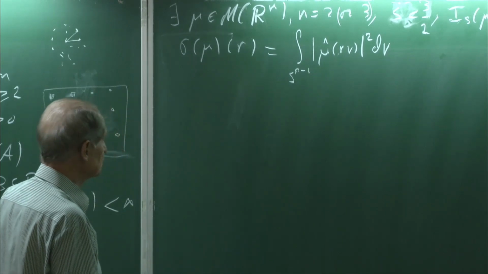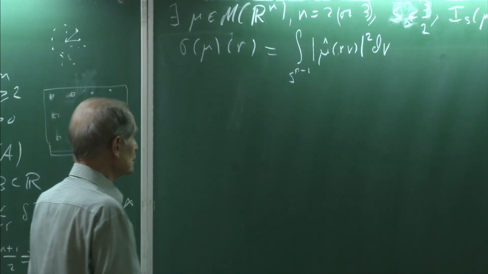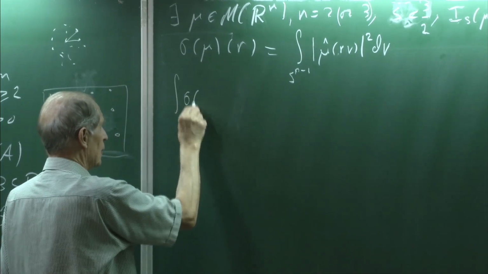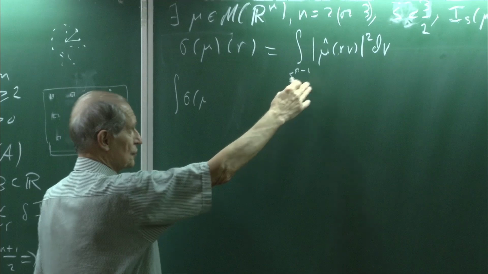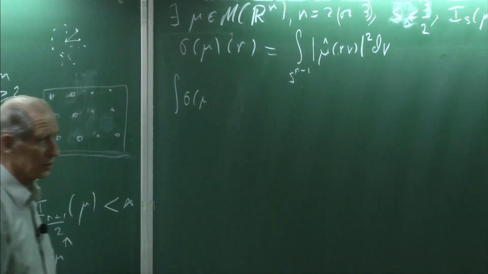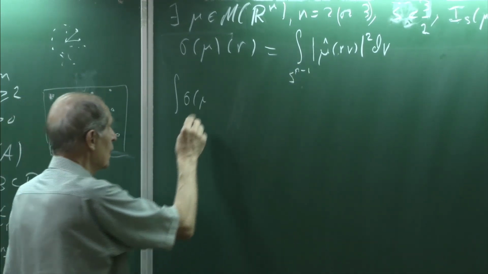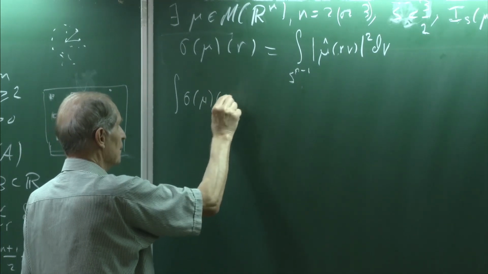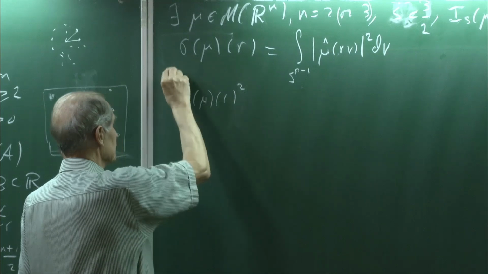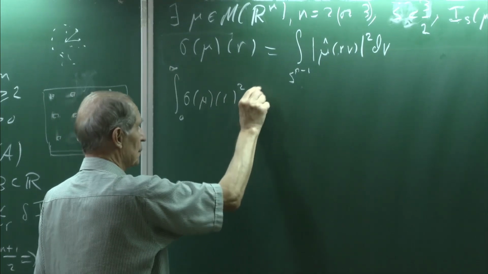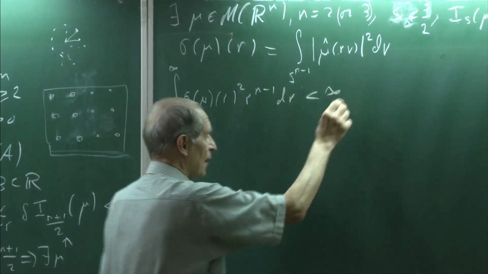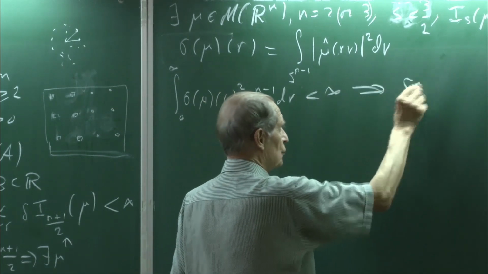And then I showed that if sigma mu r, so this is just the average of mu hat squared over the sphere of radius r, if sigma mu r squared integrated from 0 to infinity, r^(n-1) dr, is finite, then delta mu is in L^2.